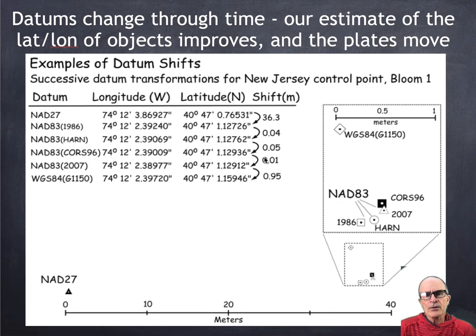But remember, these are all using one ellipsoid in one location, because this other ellipsoid, the WGS84 ITRF, uses another location. They've actually updated the location. There's about a meter difference between them. So these differences within the NAD83 family are increased measurement accuracy, but these are just different conventions.